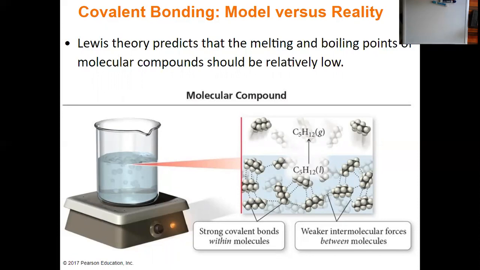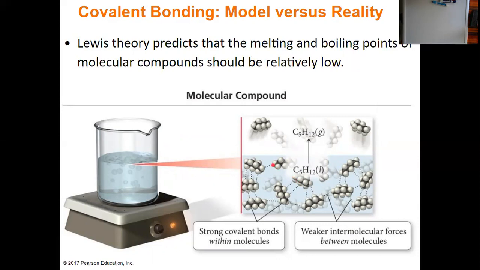The smallest unit of a molecular compound is a molecule. So when you are trying to melt or boil a molecular compound, you are just trying to separate the entire compound into its individual molecules. You're not trying to actually pull these molecules apart.